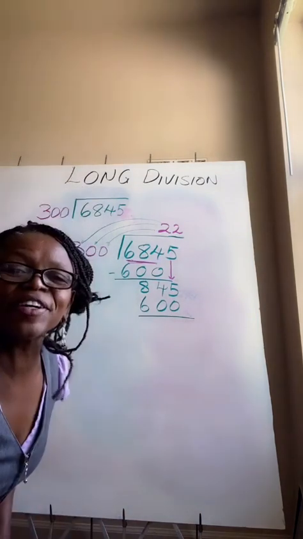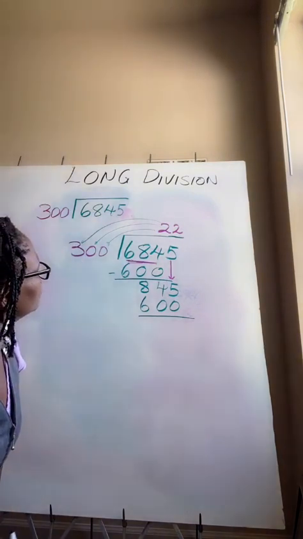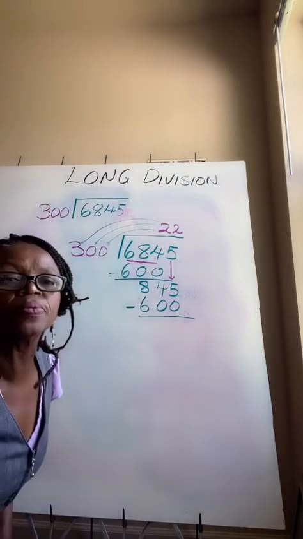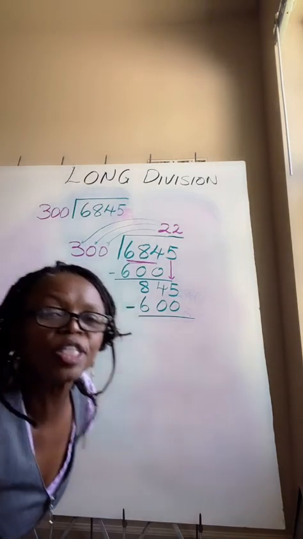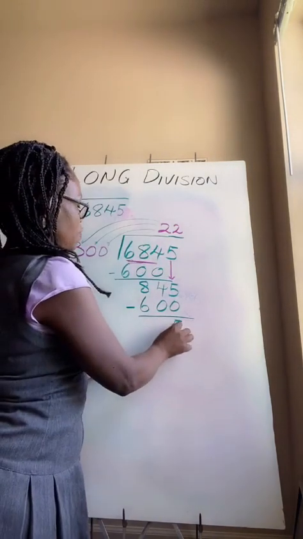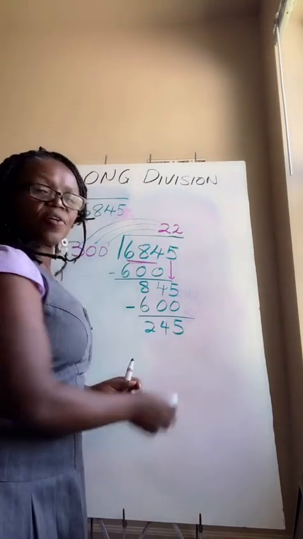And what's the remainder? Two. What's the remainder? 245.